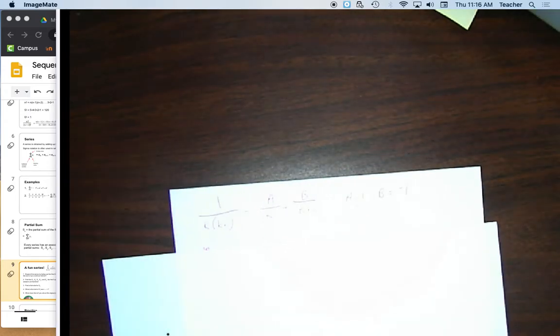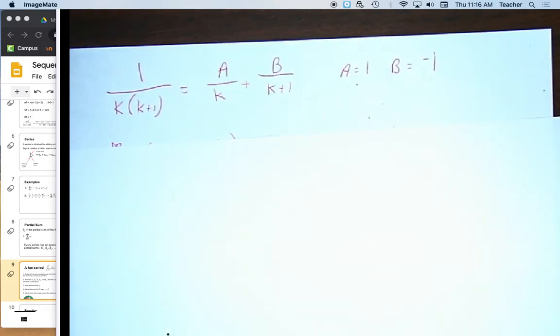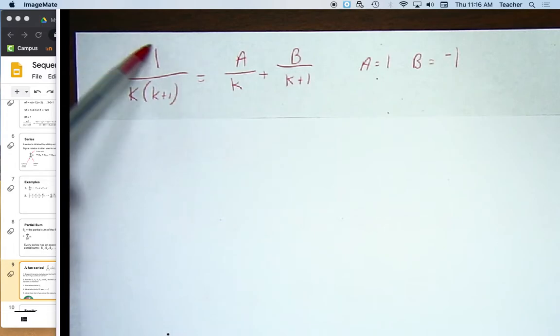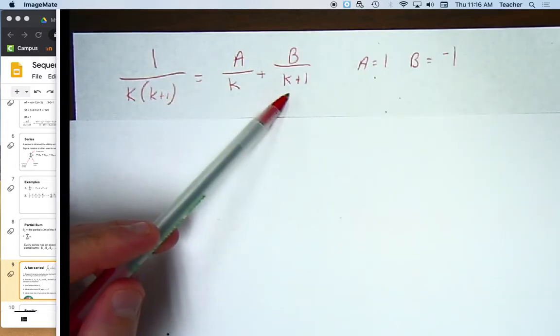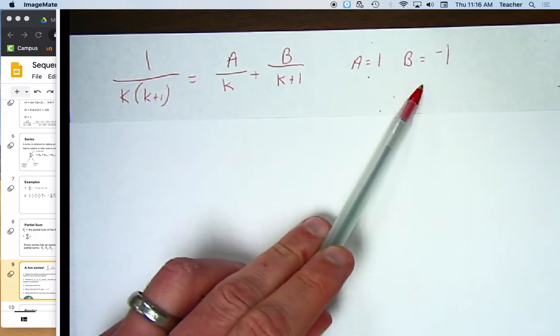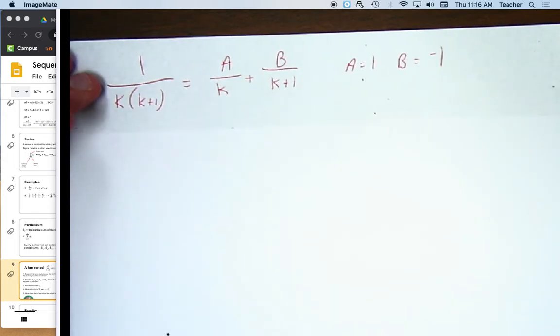As a little sidelight, you don't really need to worry about this much, but it's fun to see. You can prove everything that we just did by using our old friend, partial fractions. We can take this series formula and break it up into A over k and B over k plus 1. I didn't write it out, but I went through the work and figured out A and B. A is 1 and B is -1.